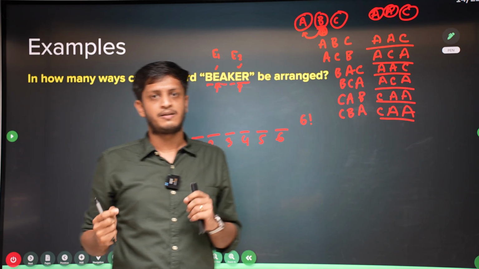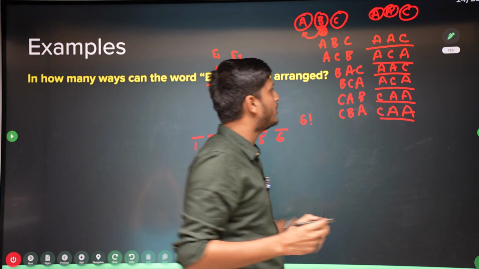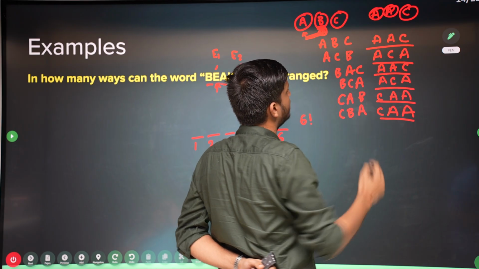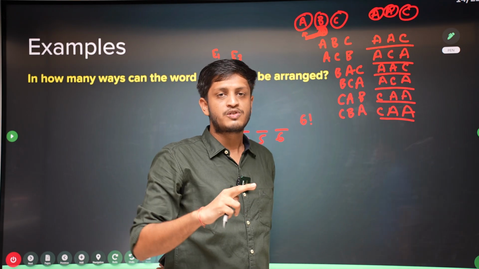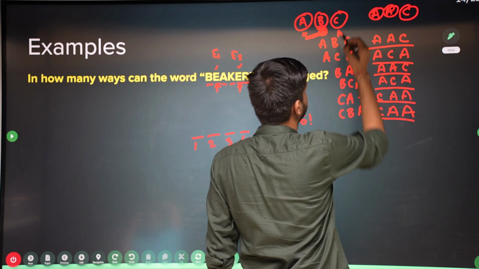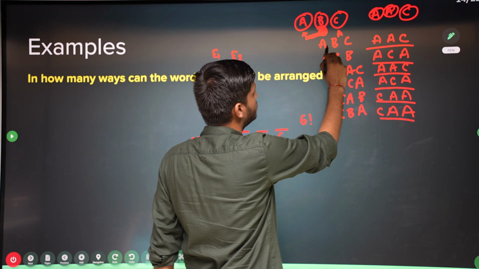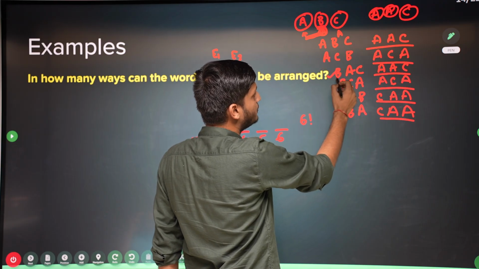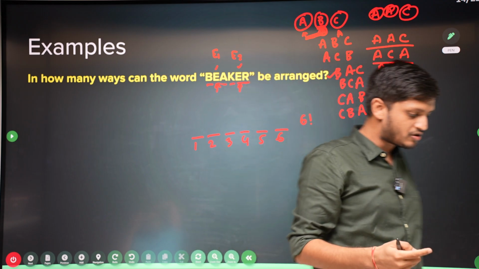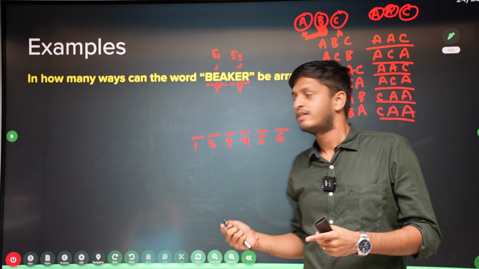Now try to see what we are overcounting. Now E1 and E2 are the same. So here what happened? Since A and B were the same, every permutation was counted twice. Why? Because every B was an A only. So when you swap B and A, that will be a different permutation, but if you consider B and A the same, that will be the same permutation. So you are actually counting every permutation twice.